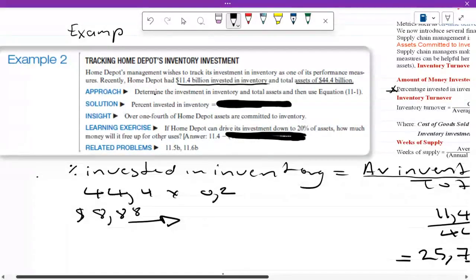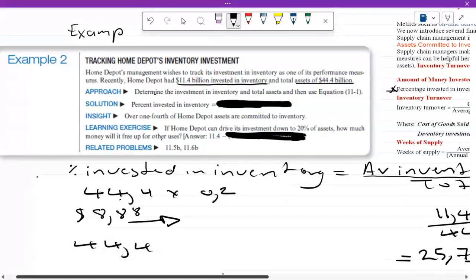So if you were to remove this 20, this 8, I think you must remove it here also. Let's see. I stand to be corrected.